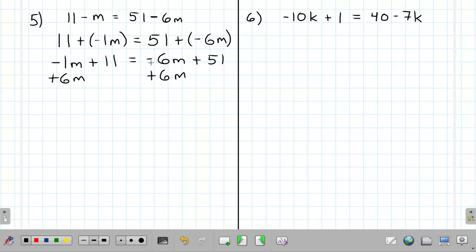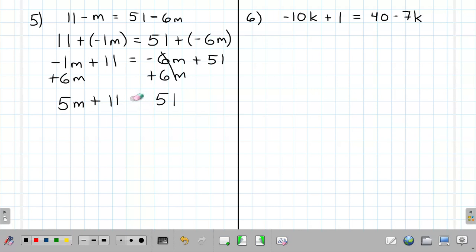Once again, I want to add because since this is a negative 6m, in order to get rid of it, a negative plus a positive 6m goes away, gives me 0. So then we're left with 51. Negative 1m plus 6m, that's 5m plus 11. And that's equal to 51.